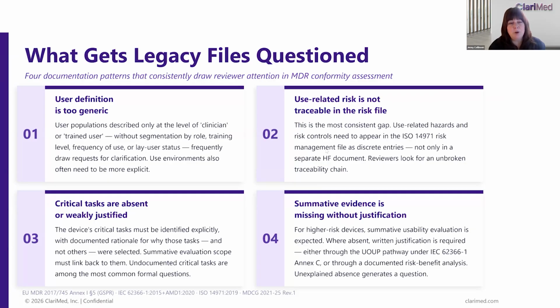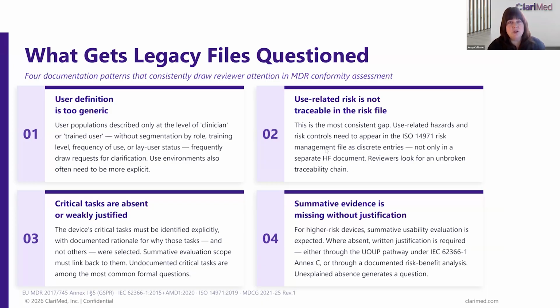And it's important here, I'm talking about critical tasks, but actually that's more FDA terminology. 62366 refers to hazard-related use scenarios. And it's just very important that we identify those very clearly, and they can be linked through to whatever work you do to demonstrate that those hazard-related use scenarios won't be realised.